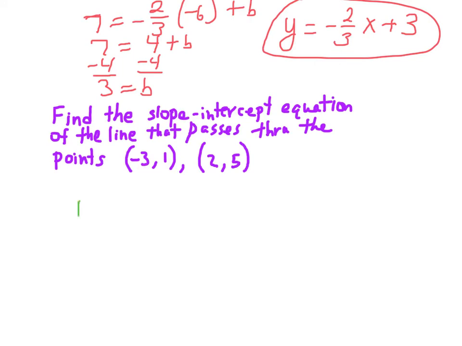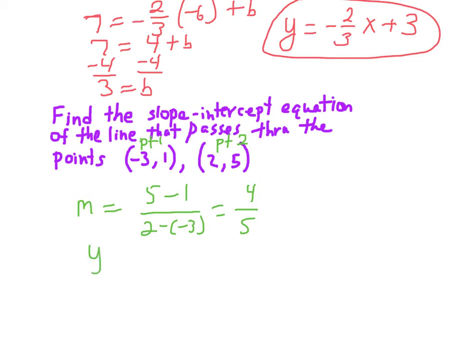So I'm going to say m equals, and I'll call this point 1 and this point 2, and I'll say 5 minus 1 over 2 minus -3, and that would equal 4 over 5. So that's my slope. I can use either of these points to plug into slope-intercept form for the x and the y and to find b, and once I find b, I can write the equation that I'm looking for.